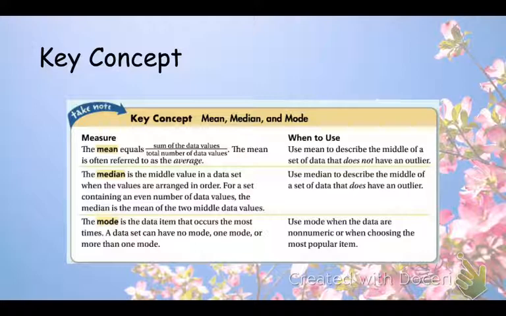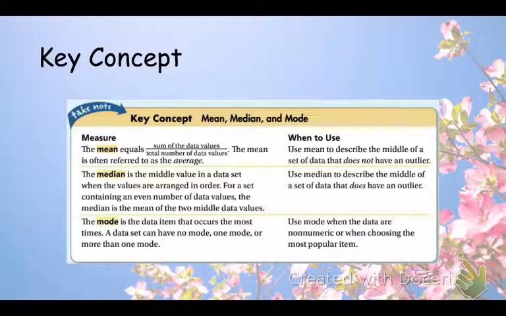The median is the middle value of a data set when we arrange the values from least to greatest. This is oftentimes used when we are trying to describe data that does have an outlier, so that the outlier does not heavily weight our data in the wrong direction.